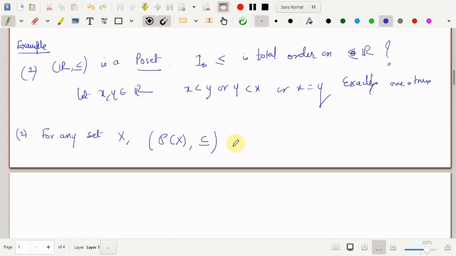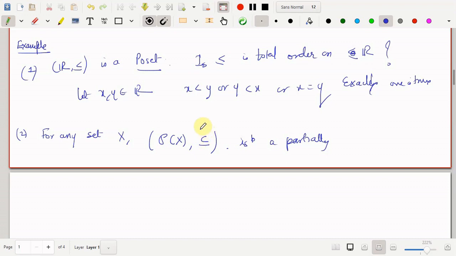Now the question is, is this a partially ordered set? Is this a poset? And it is trivially true. One can very easily check that this relation is reflexive because every set is contained in itself.